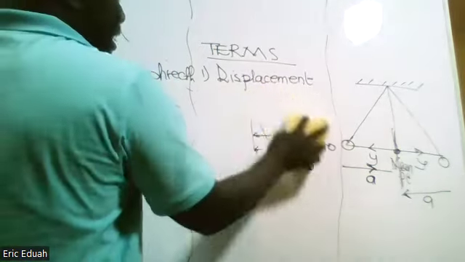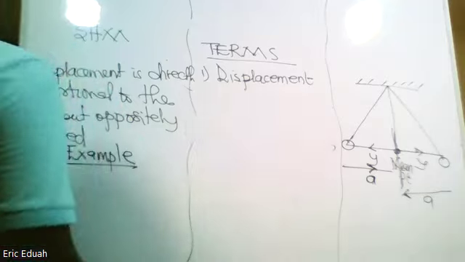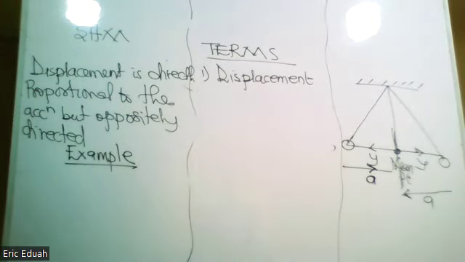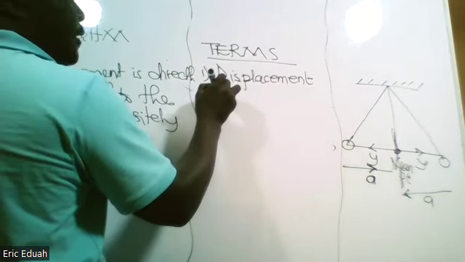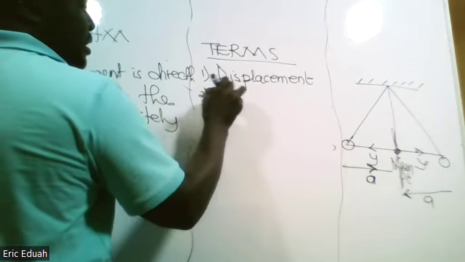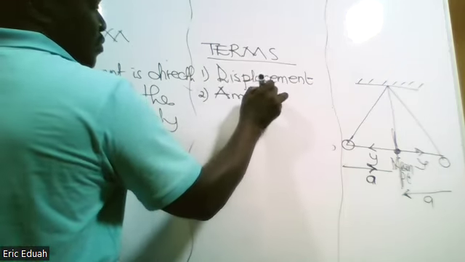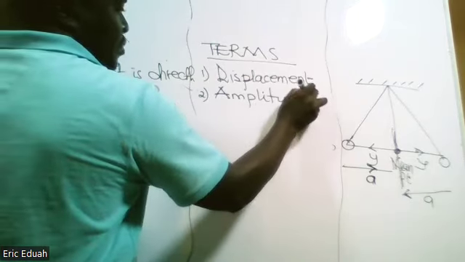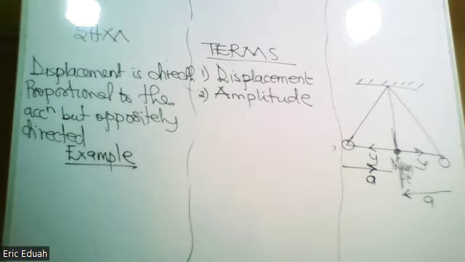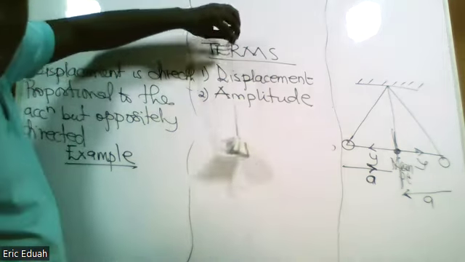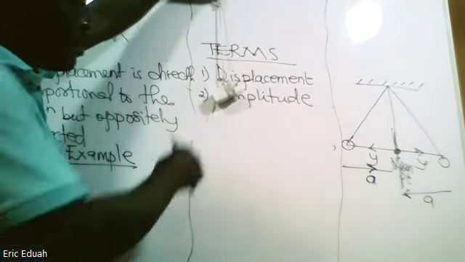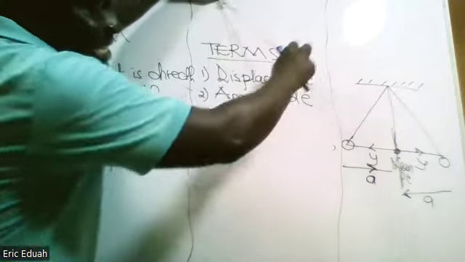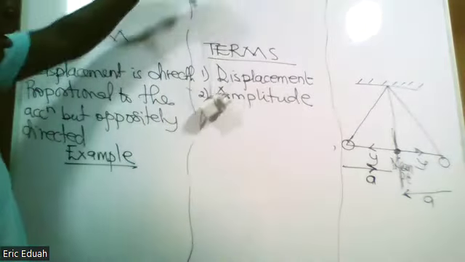All right. Then another important term we want to talk about is two, the amplitude. What is the amplitude? This is an oscillating body. I decide the extent to which it must go.